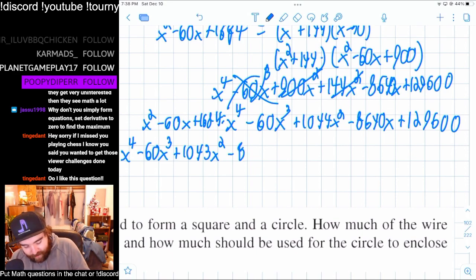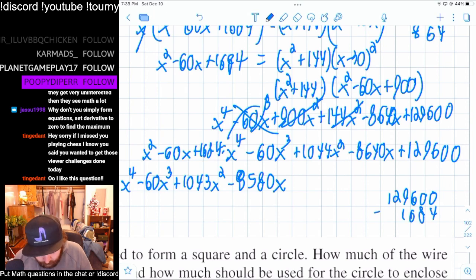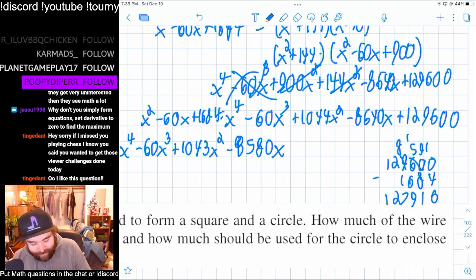So that's minus 8580x, and then 129600 minus 1684 for the constant. One two seven nine one six.